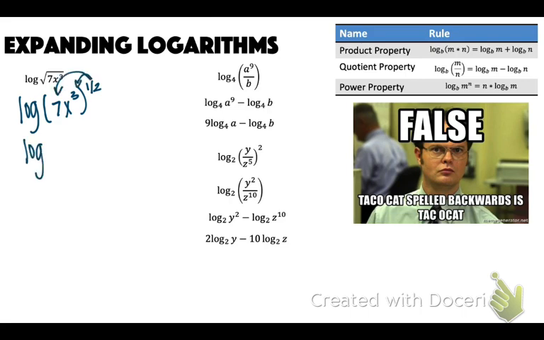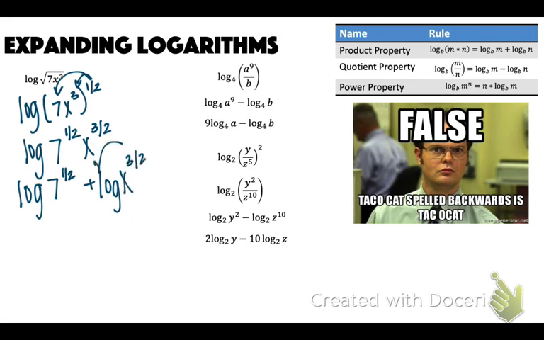So this is going to be log of 7 to the 1/2 power and x to the 3/2 power, which breaks up to be log of 7 to the 1/2 plus log of x to the 3/2, and then we can move these to the front. So this is 1/2 log of 7 plus 3/2 log of x.